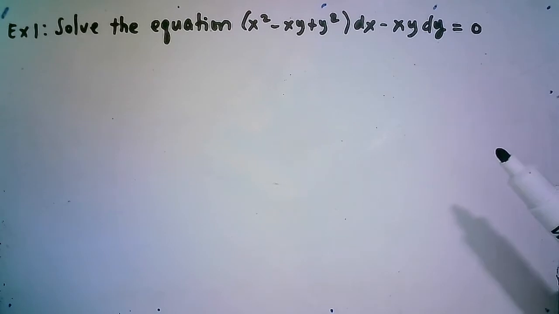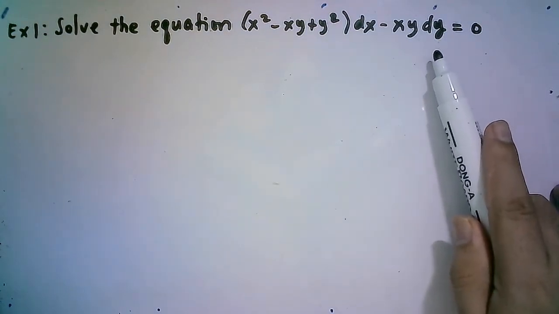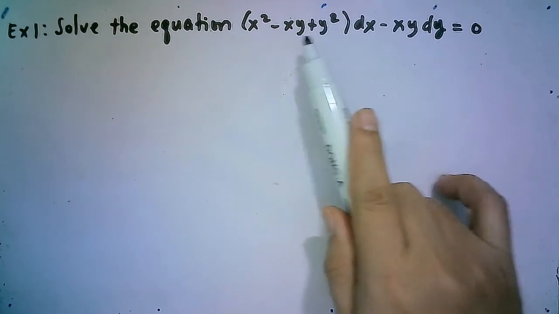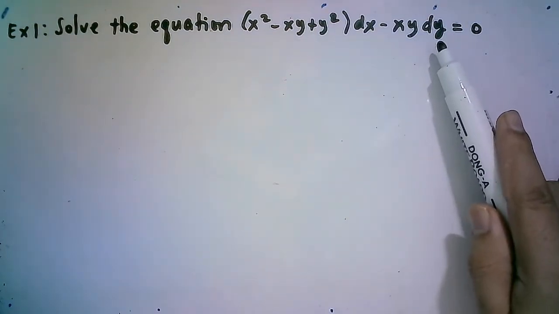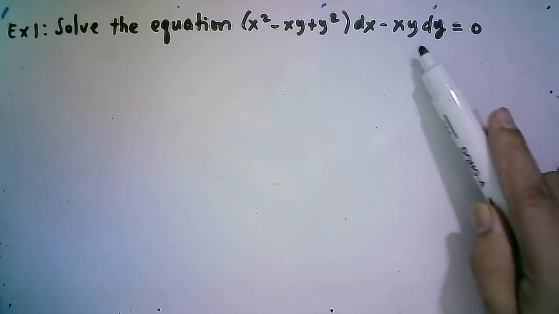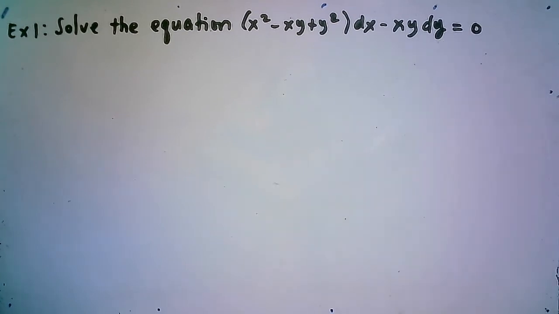So in a homogeneous function, we will be using the substitution method. Now, to use the substitution method, in your M dx and N dy, you have to identify which of your M dx or N dy is simpler. If you notice this one, N dx plus this part is simpler, xy dy.